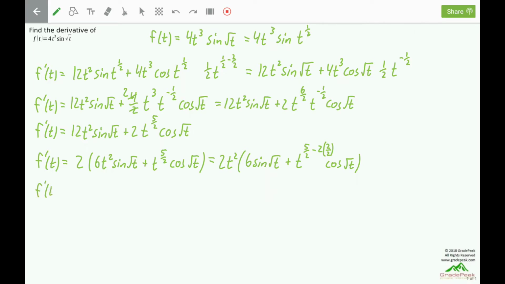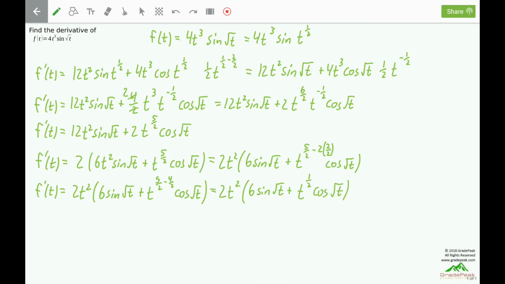So f prime of t is now 2t squared times 6 sine square root of t plus t raised to the 5 halves minus 4 halves cosine square root of t, 2t squared times 6 sine square root of t plus t to the 5 minus 4, 1 half cosine square root of t.